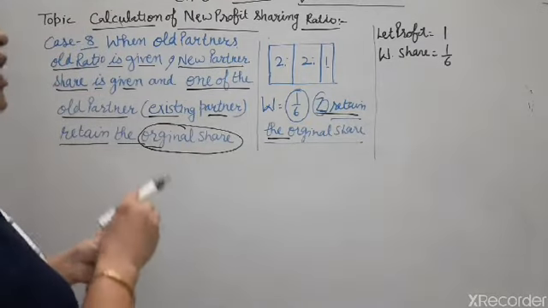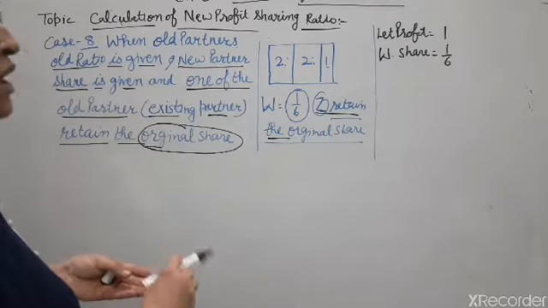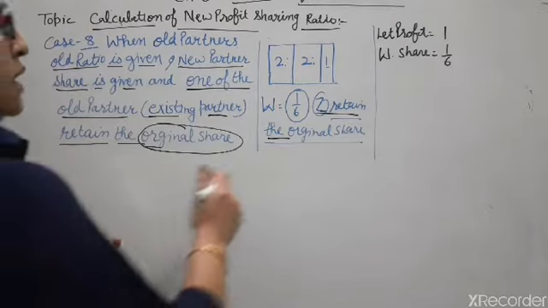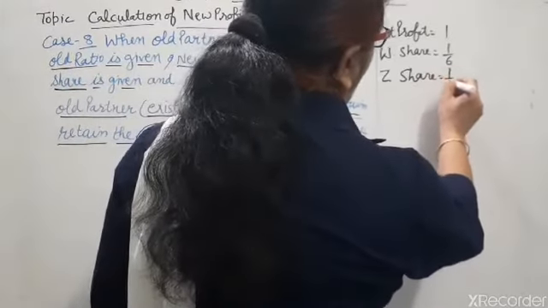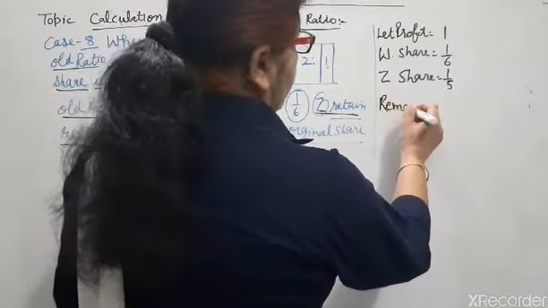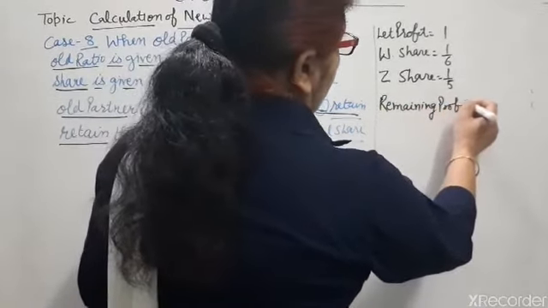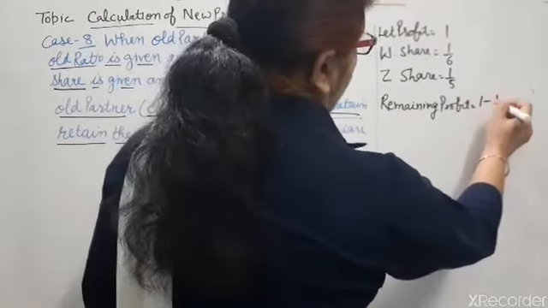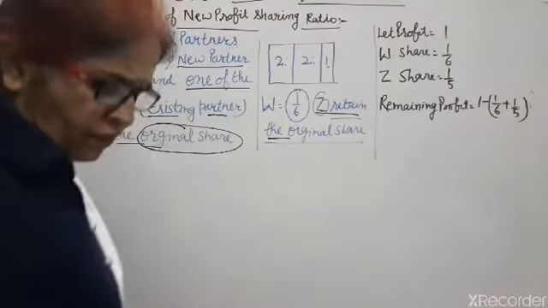That means first of all, from the profit we give W's share and give Z's share. Z's share is 1/5. Now we calculate the remaining profit, which is 1 minus (1/6 plus 1/5).